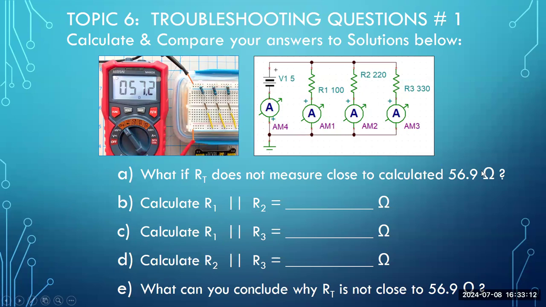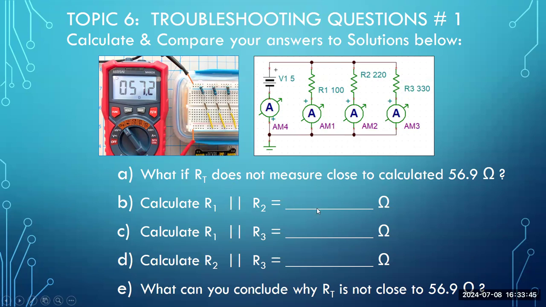The actual calculation works out to be 56.9 ohms, for R1 of 100 ohms, R2 of 220 ohms, and R3 at 330 ohms. So I thought that the schematic alongside the regular circuit build would be handy to keep the numbers in view as we go through these calculations. So your first task: if R3 somehow was defective or something in that branch was defective, leaving only R1 and R2, what would you measure for the total ohms?